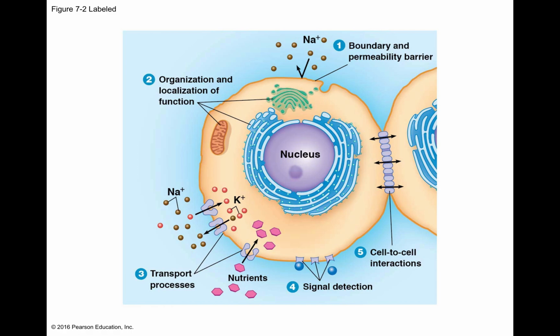In terms of membrane function, the membrane is really the thing that defines the inside versus the outside of the cell. And we talk about a semi-permeable membrane, in that some things can get in and some things can't. For example, sodium can't get in except through a pore. That's due to the function of this membrane.